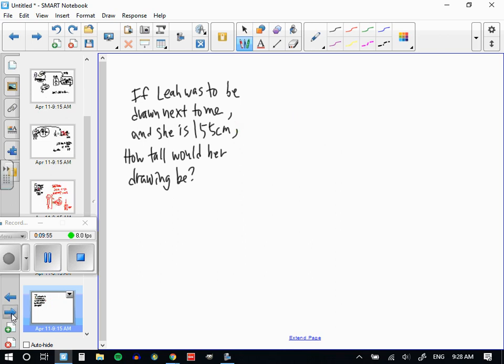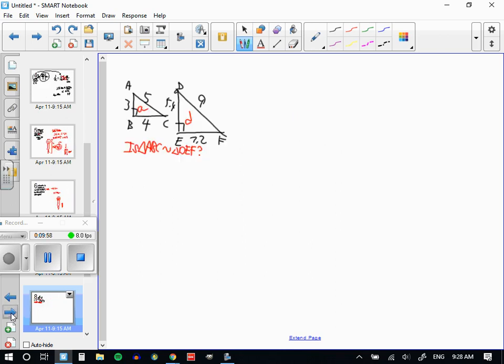Next question. We have two triangles here, and the question says, is triangle ABC similar to the other triangle? This symbol here means similar to. I spelled similar wrong. Similar triangles will have two qualities.